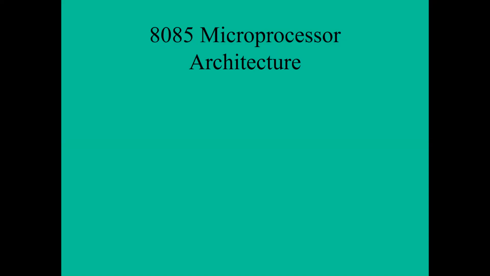There are two types of architecture available in computer organization: one is the von Neumann architecture, another is the Harvard architecture. All microprocessors work using the von Neumann architecture. That means there is a memory portion, basically the RAM, where you need to write your program or store the data bytes. Your instructions as well as your input data are both stored in the same memory. That is the von Neumann architecture.